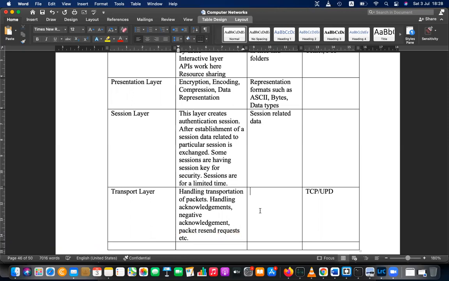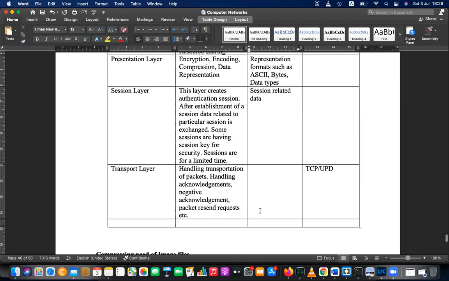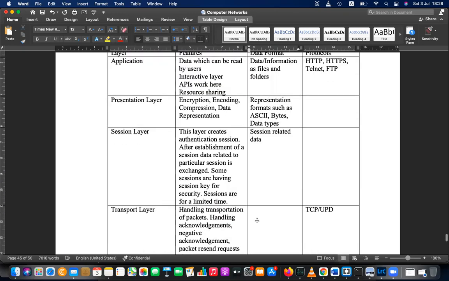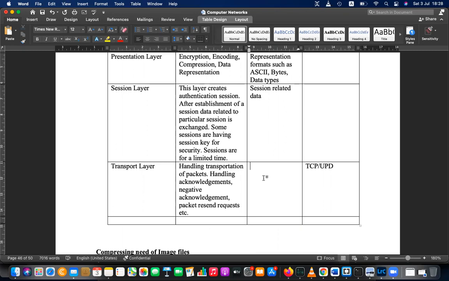So those things are handled by the transport layer. Basically TCP, IP, and here you can see packets.